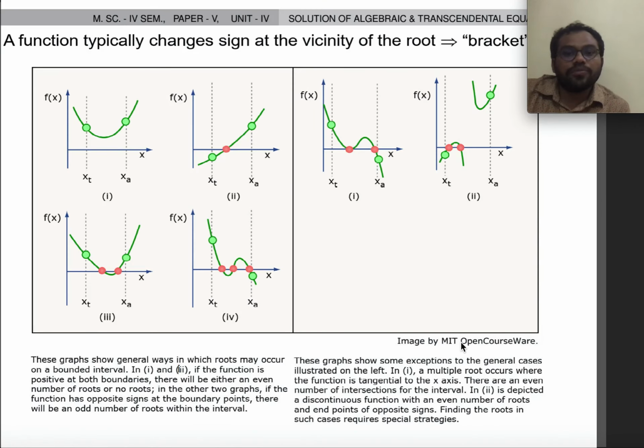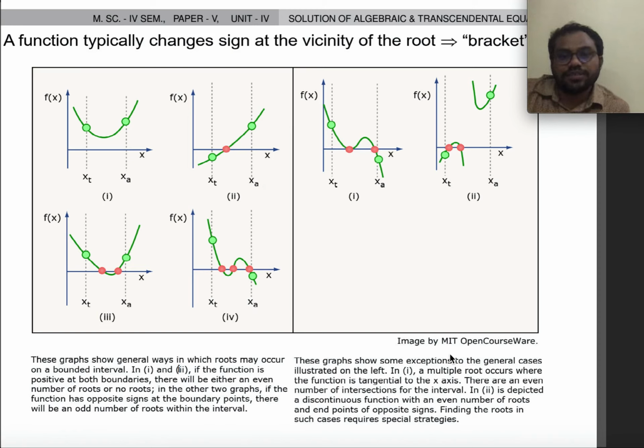Now, this is a graph from MIT Open Course which shows the general ways in which root may occur on a bounded interval. Means we have taken a graph of a function f(x) in a bounded interval. Now, if the function is positive at both the boundary, as in figure 1 and 3, then the function either may have no root or have even number of roots. Now, we are taking the cases where the function has opposite sign at the boundary. Then there are odd number of roots in the interval.